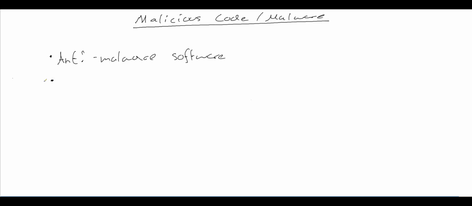The second method of prevention that I've got down here is probably the most important, I think, is awareness. So users should be made aware of the threats posed by different types of malware so that they can take measures like only installing software from trusted sources to prevent the spread of malware.